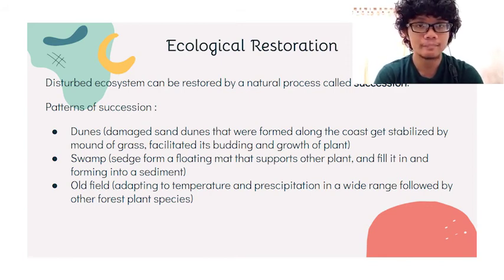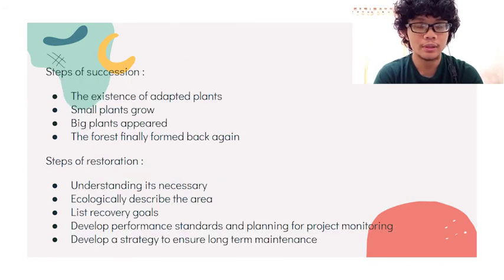In succession, when nature restores the ecosystem by itself, there are several steps: first the existence of plants, then small plants starting to grow, followed by the appearance of big plants, until it finally forms back into a forest or a new ecosystem.